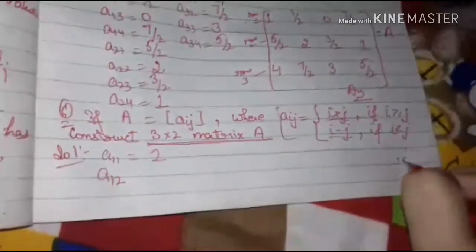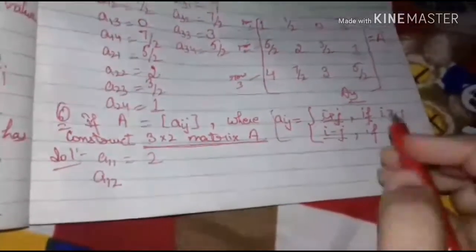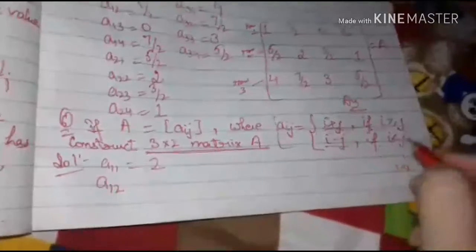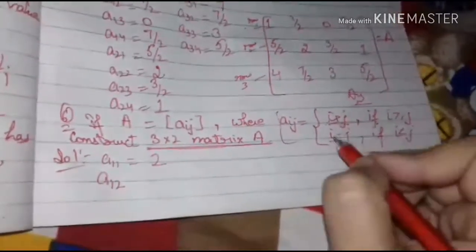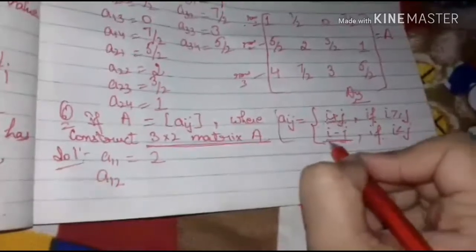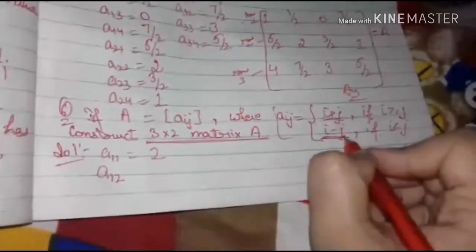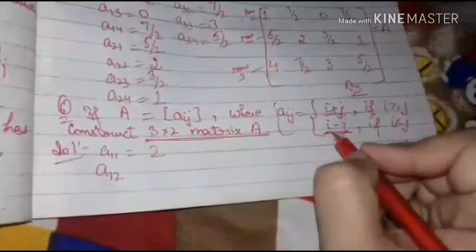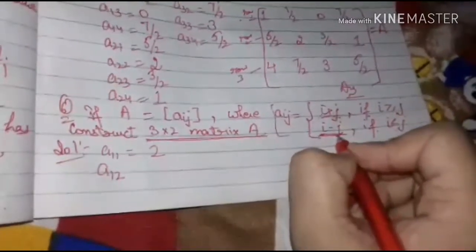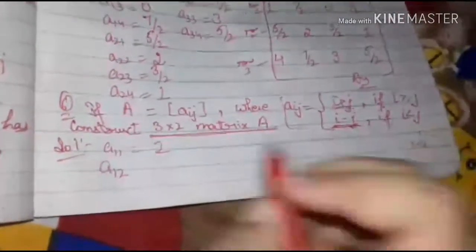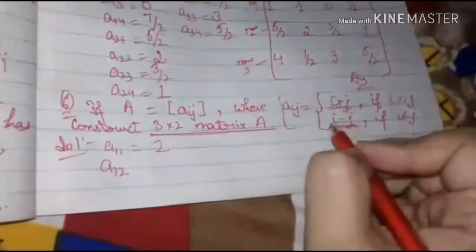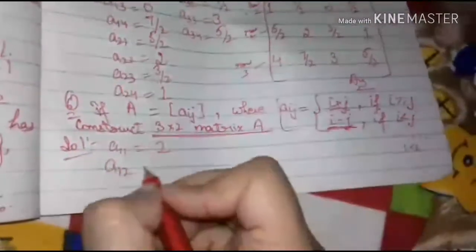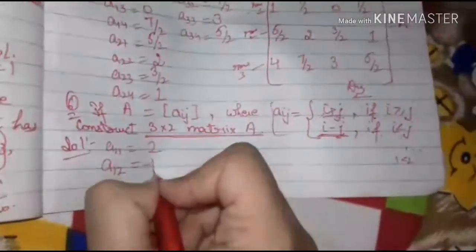Now 1 is always less than 2, so i less than j holds, and this applies to this equation. So we put the i and j values in this equation. We have i equal to 1 and j equal to 2. So 1 minus 2 is equal to minus 1.